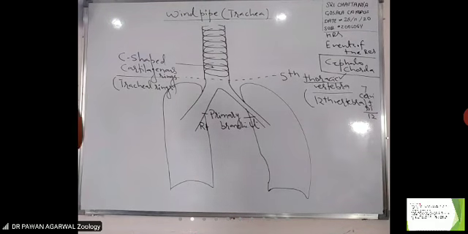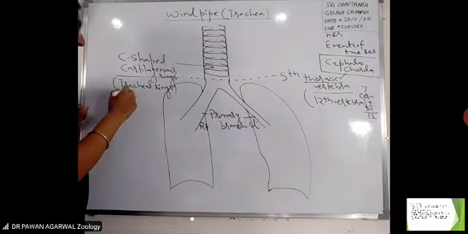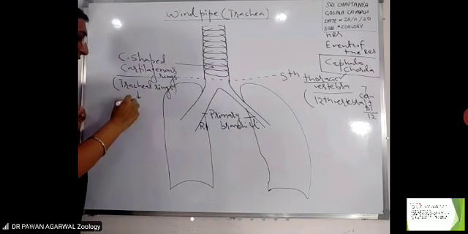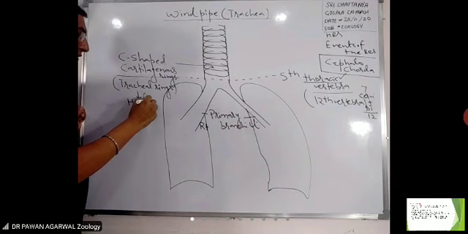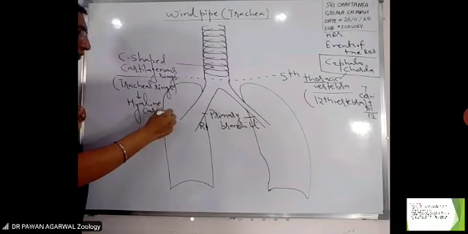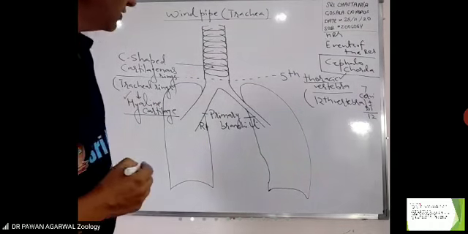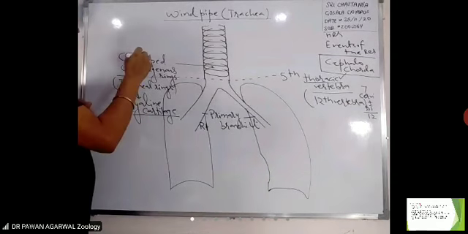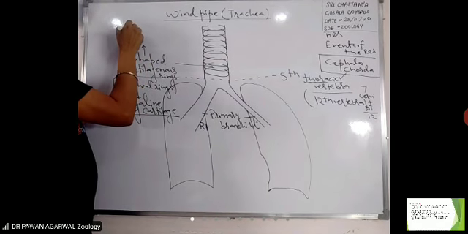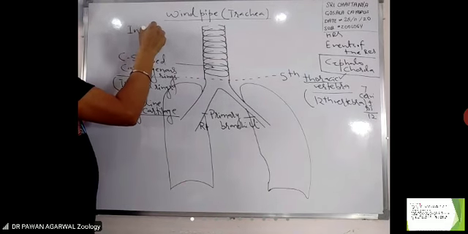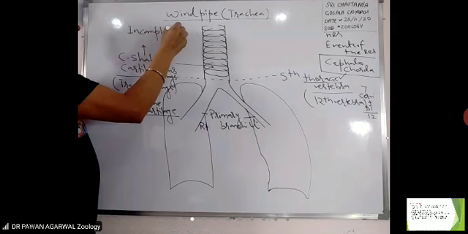That is my point, and very important. They are made up of cartilage. Which type of cartilage are they having? They are made up of hyaline cartilage. See, these cartilaginous rings are incomplete on the dorsal side.